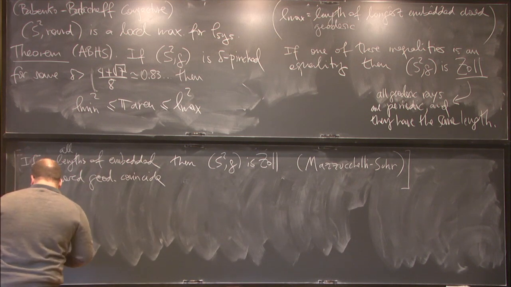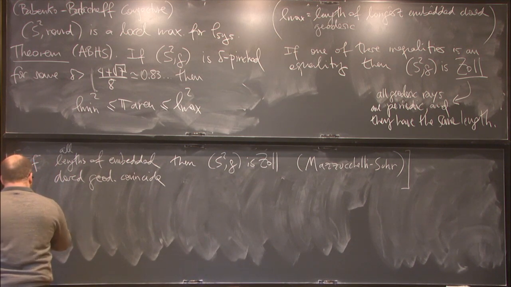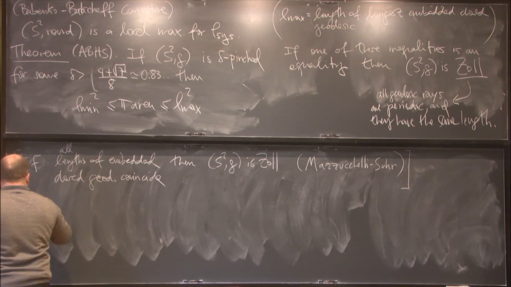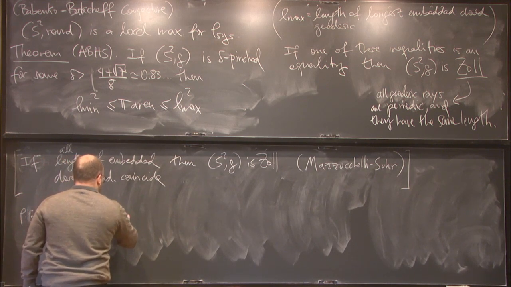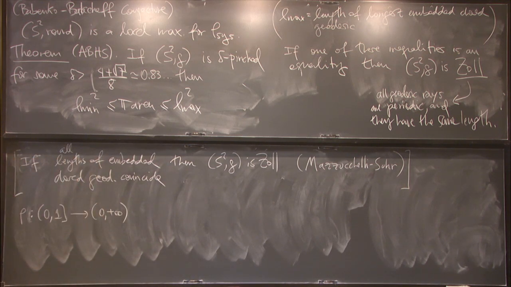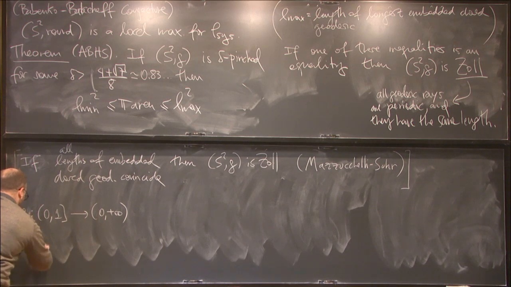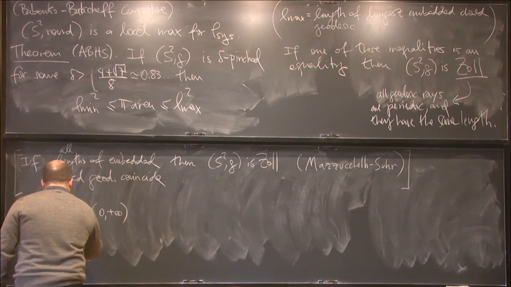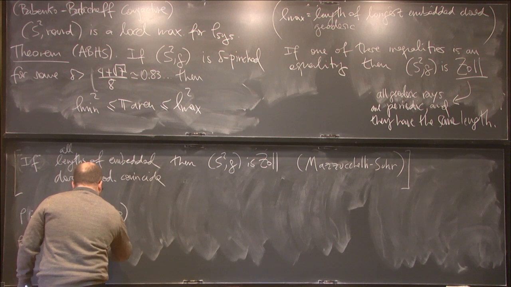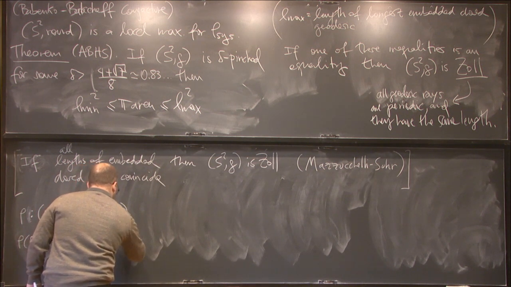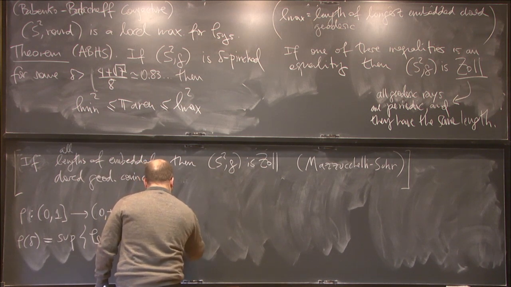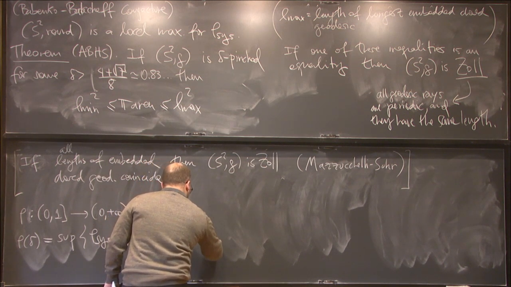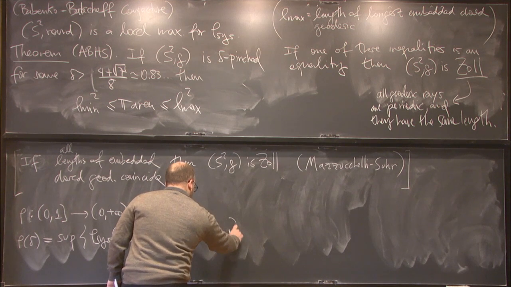One can then think of the following problem. One can define a function of the pinching constant. This would be the supremum among systolic ratios of metrics which are delta pinched.